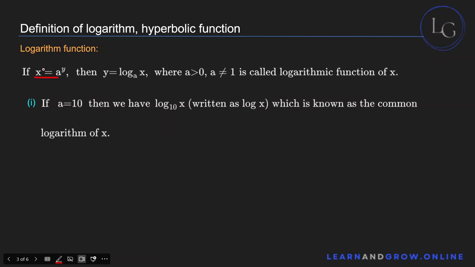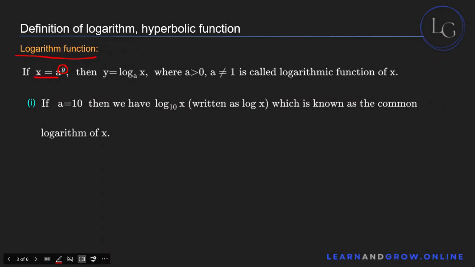So if you have this function here, x is equal to a to the power y, where y is the input and x is the output in this particular case, but the definition says that y is the output. So how will you write down y as the dependent variable here? You need to think of some way, and that way is through a logarithmic function.